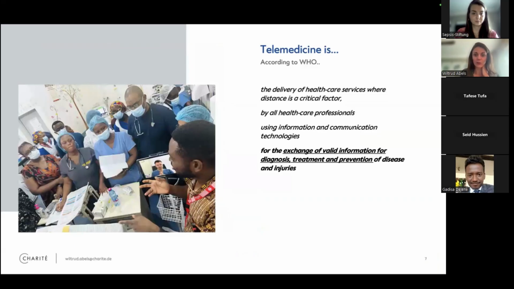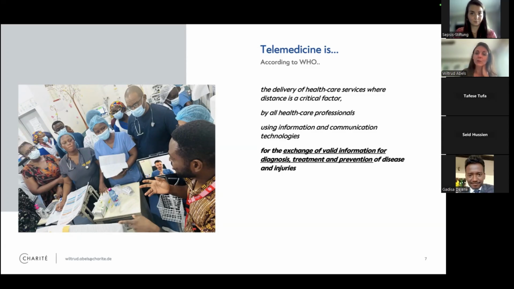Telemedicine is always used for the exchange of valid information for diagnosis, treatment, and prevention of disease and injuries. So that's very broad. And I very much recommend that when you come up with your own telemedical approach, you think about how this part of the sentence, or maybe all parts of the sentences of this definition, can be changed so it reflects your use case.